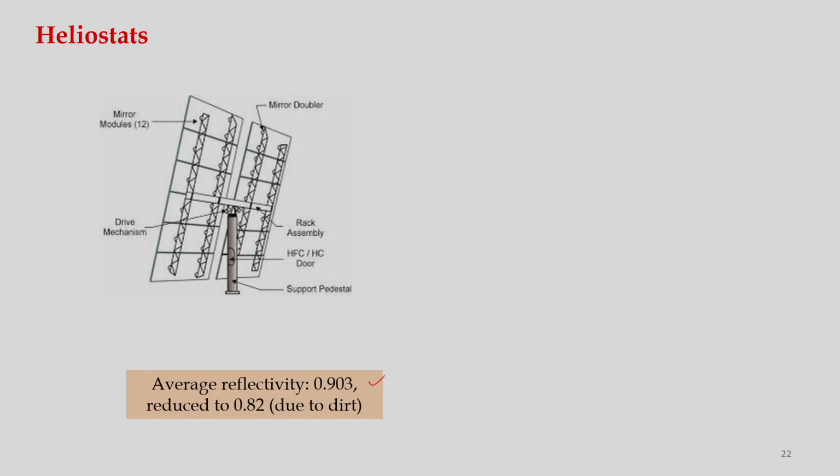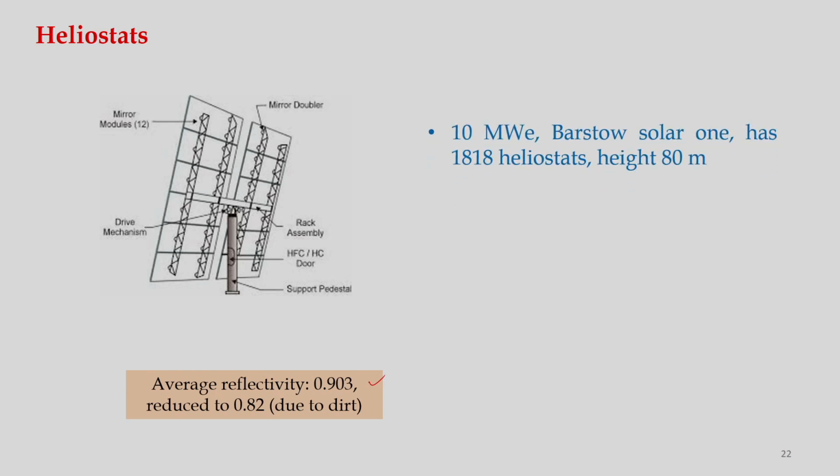So, it is a concern. In the case of Barstow Solar 1, it has about 1818 heliostats, and the height of the tower is about 80 meter, and it can produce 10 megawatt of electrical energy. So, E stands for electrical energy.